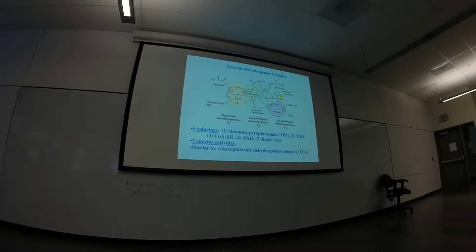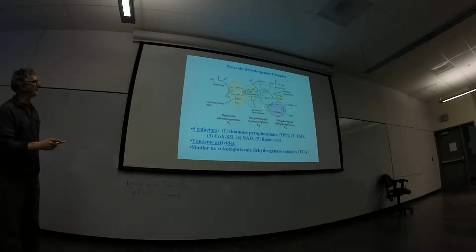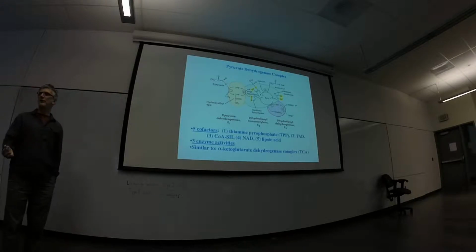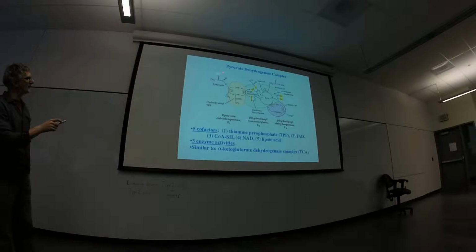So if we look at E1, E2, E3, this is a schematic of how the overall pathway works. When we talk about channeling, we're talking about pyruvate coming on here, a reaction occurring here by which CO2 is split off.